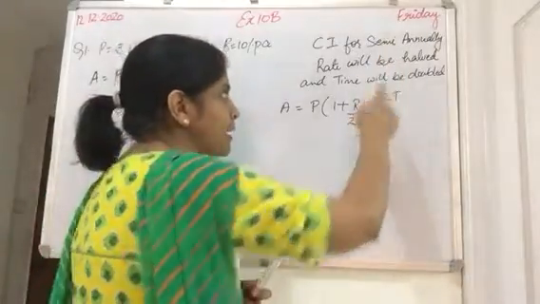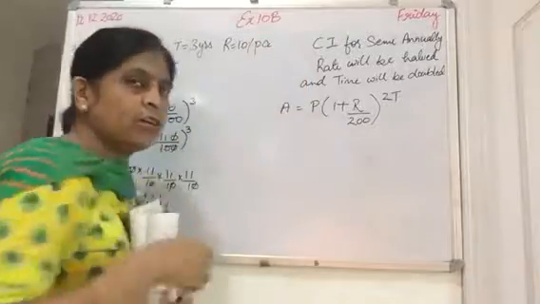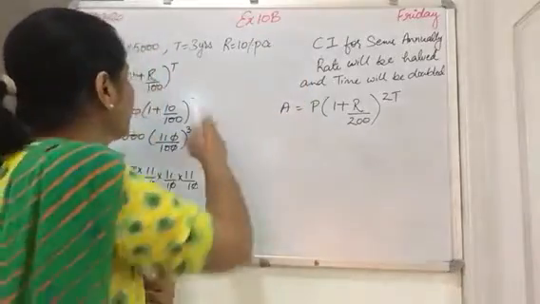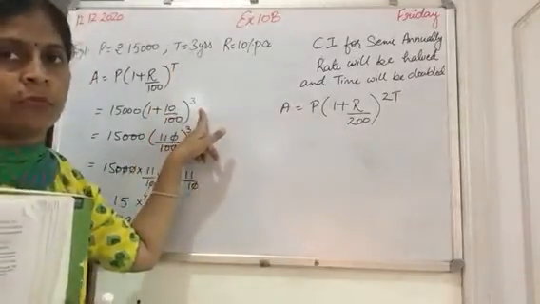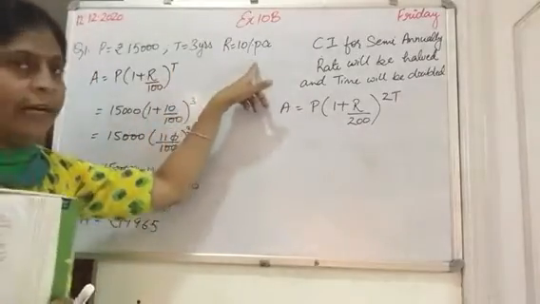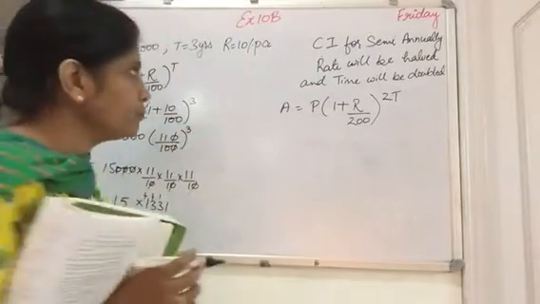Because it is semi-annually. So instead of that, you just divide the rate initially. For example, if the time is 3 years, here it will be 6 in the same formula, and the rate is 10, so you write 5.